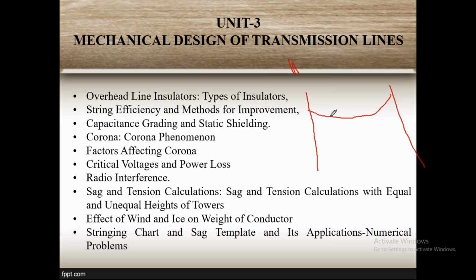The conductor should not be connected tightly between the two towers. It is always connected loosely, freely between these two towers. Why? Because the conductor changes its behavior based on temperature and cold. If the temperature is more, the structure will be like this.